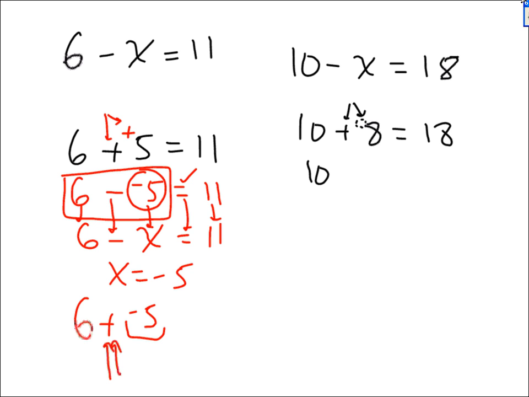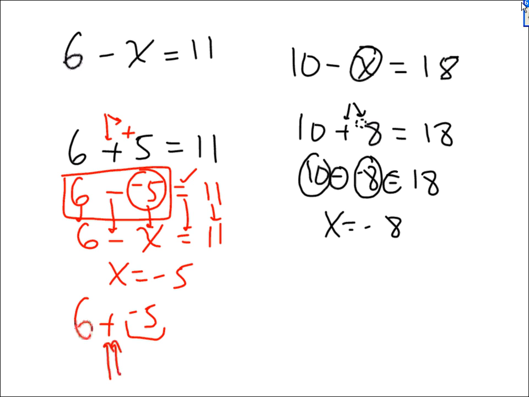So this is 10 minus a negative 8, which is 18. Oh, x is negative 8. 10 minus x equals 18. x is negative 8.